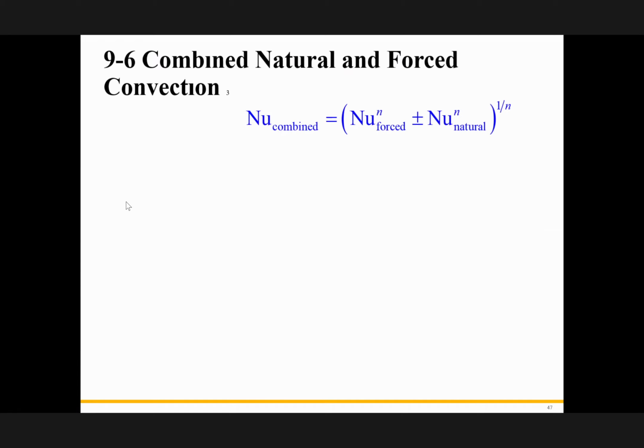The combined Nusselt number is a combination of forced convection to the power n plus natural convection to the power n, and take the n-th root, okay? Therefore, Nu to the power n equals Nu forced to the power n plus Nu natural to the power n, and then the n-th root. When they are working together as a team, they add to each other. If they are opposite to each other, it becomes negative, okay?